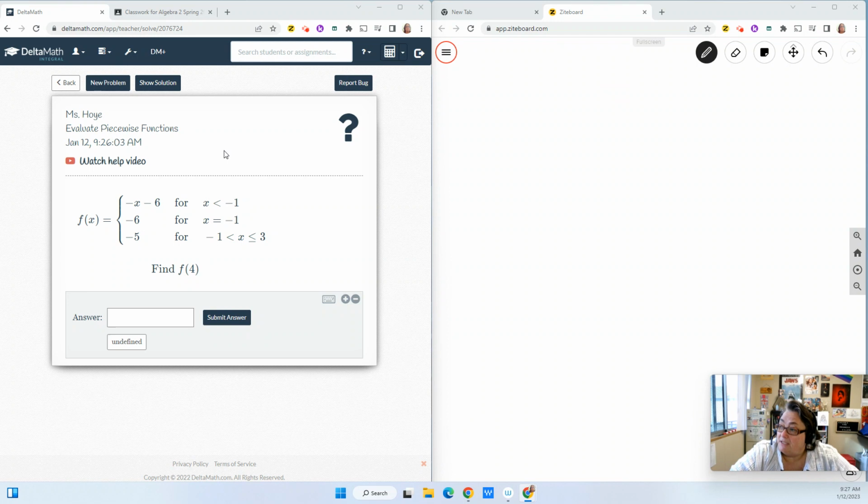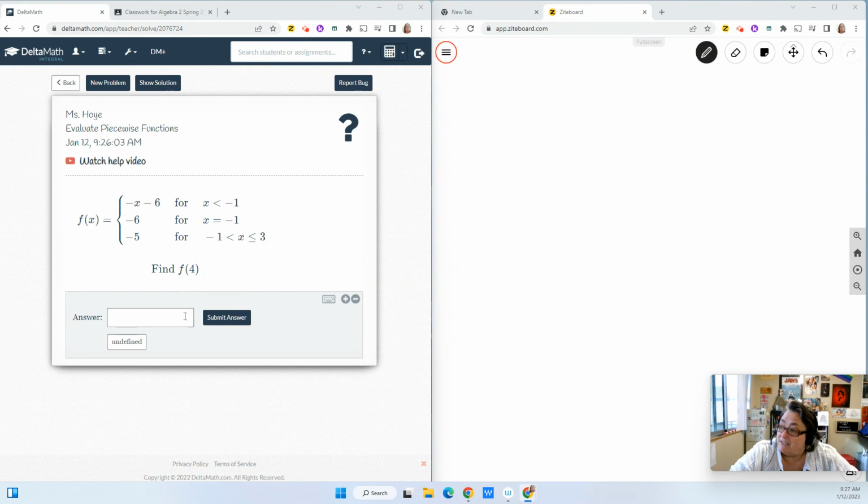So if I look at this, this one says x has to be less than -1 to use this equation, right? It says when x is less than -1, we would use minus x minus 6. But 4 is not less than -1, right? This one says x has to equal -1. Well, 4 clearly doesn't equal -1.